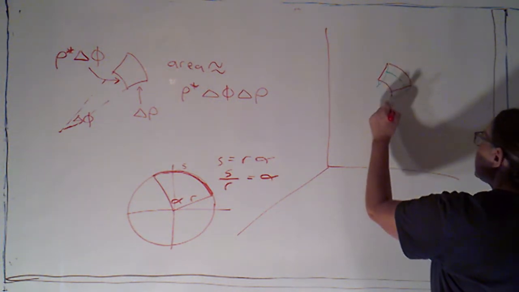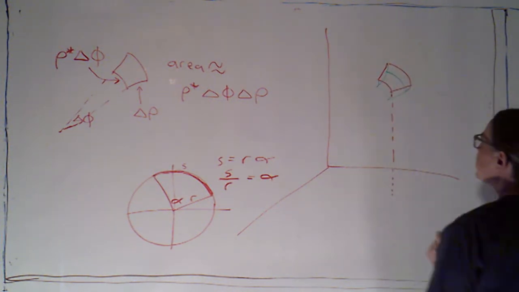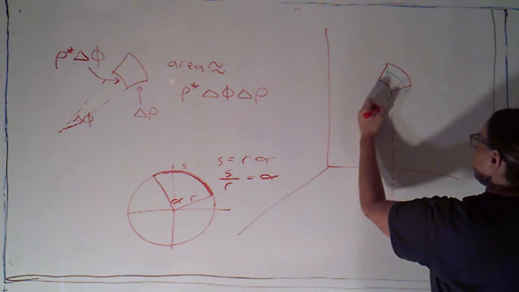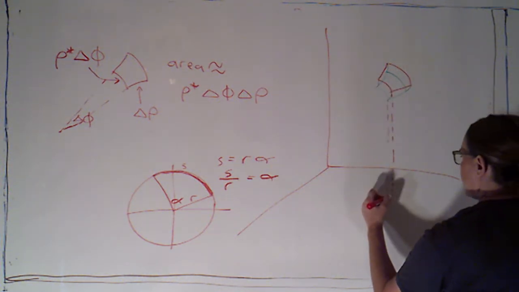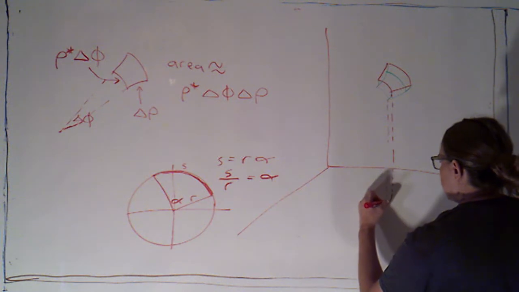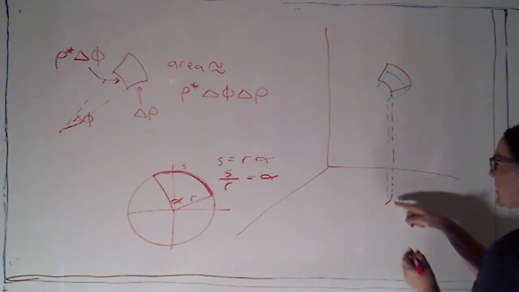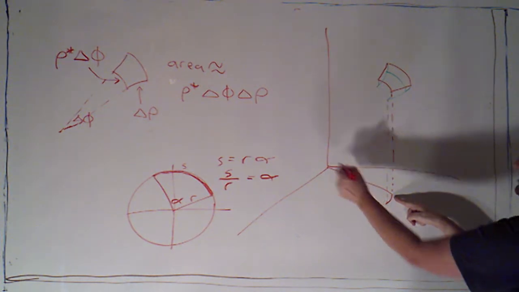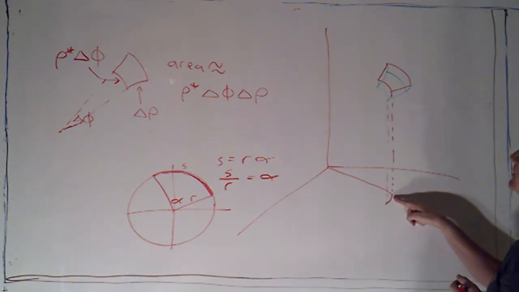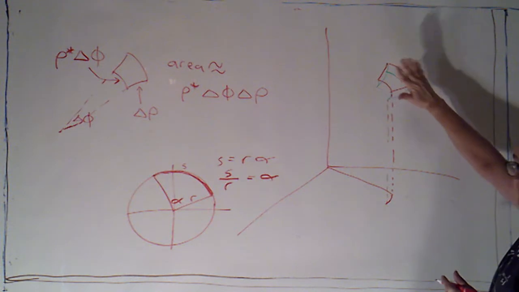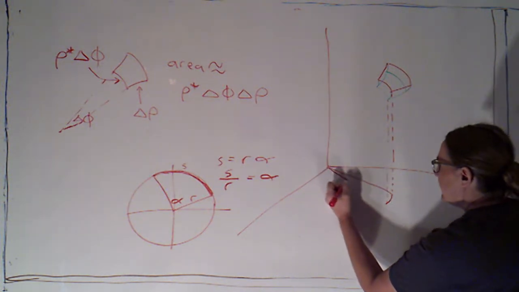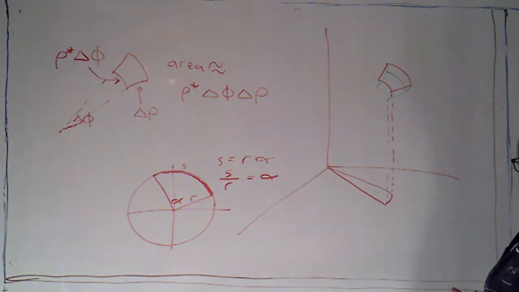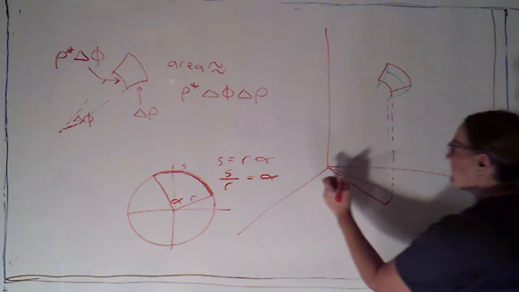Now, if I project this down onto the xy plane, I'm going to have a curve that looks something like so, where this would correspond to the theta value that I have that was giving me the original half plane, and this would correspond to the theta value for the other half plane.